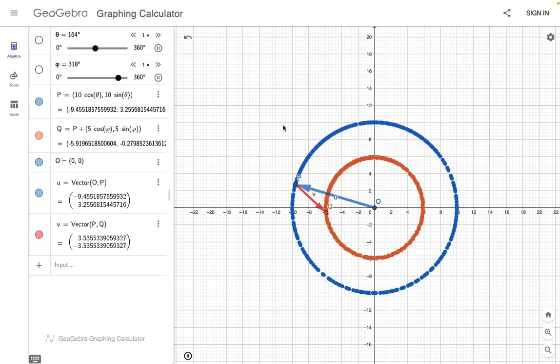This is having 1x. Here their relative positions remain the same. If I use 2x, let us see that.